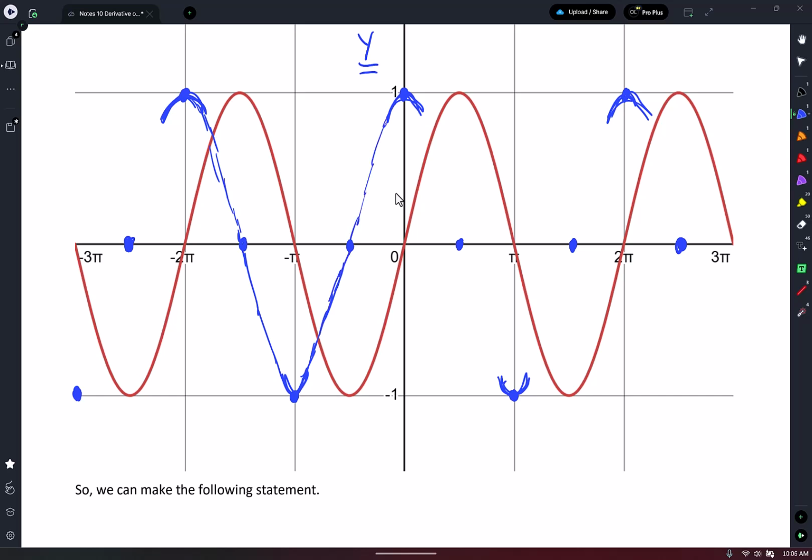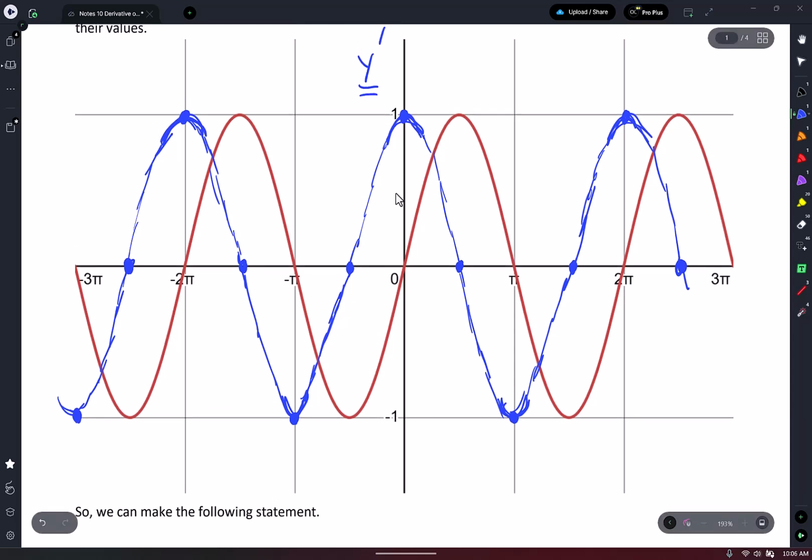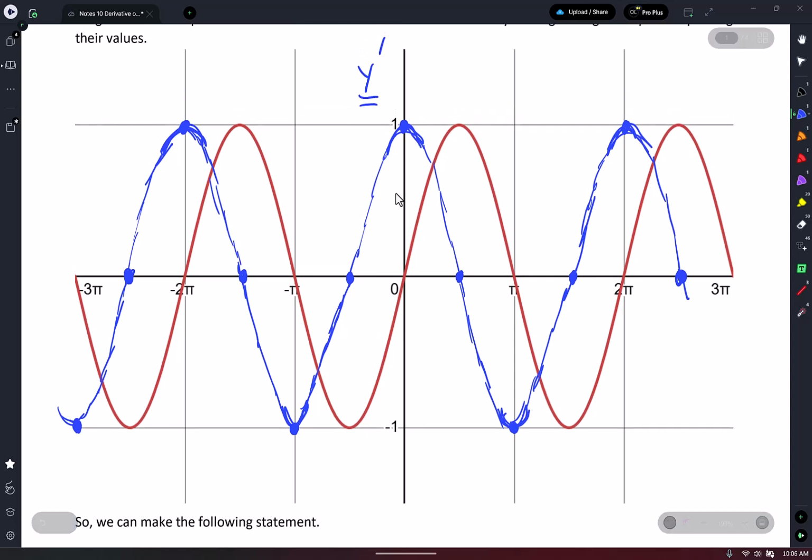Try to make it have a point of inflection at the axis. And what you just graphed is your derivative curve of sine x.